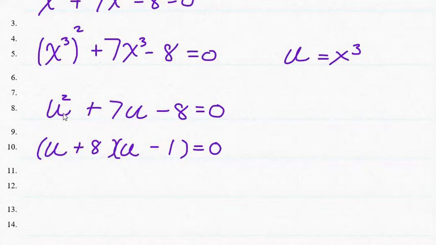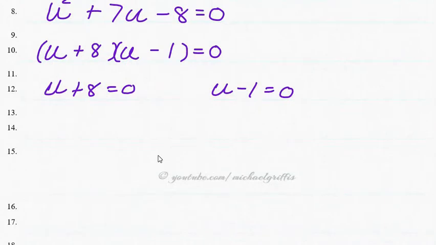So u times u is u squared, plus 8u minus u is 7u, and 8 times -1 is -8. Now setting each of these factors equal to 0 will be our next move. So we have u is equal to -8 and u is equal to 1.